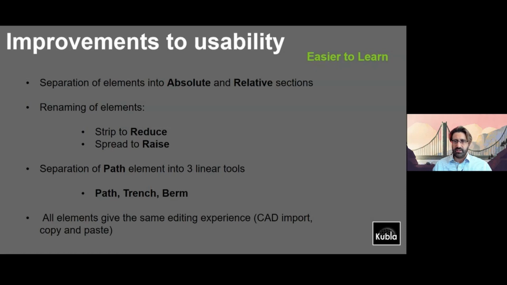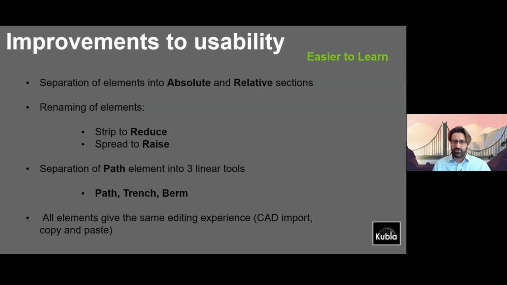Absolute is an elevation that you input from a datum, like 1,200 meters above a certain datum. A relative will be something like a trench, where you're specifying a depth of half a meter. So we've separated that out into this concept of absolute and relative elements, and it makes some tools easier to understand.